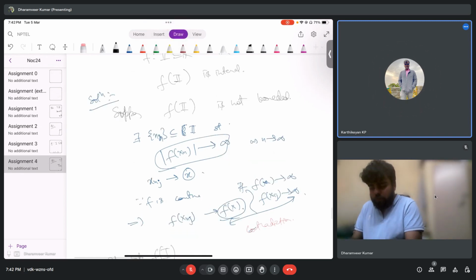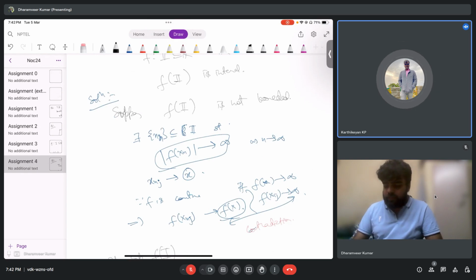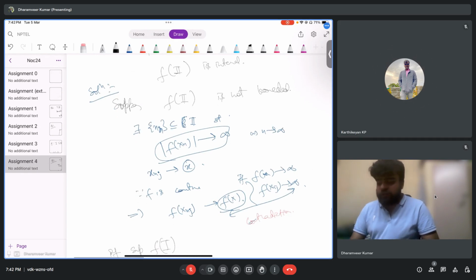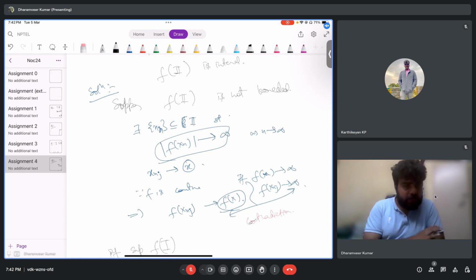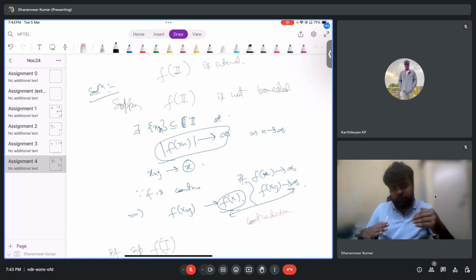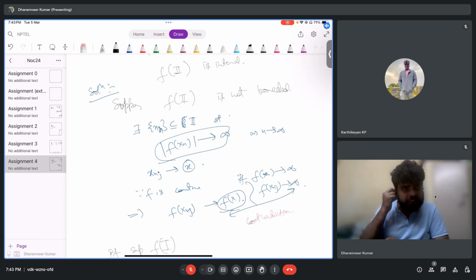If f of I is not bounded, for example, I can give an interval, not a closed interval but an open interval, for tan x, from minus pi by 2 to pi by 2. That is not bounded. Whenever something is not bounded, you can choose a sequence which is going to infinity.